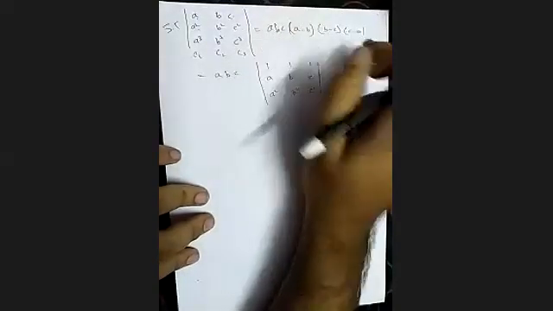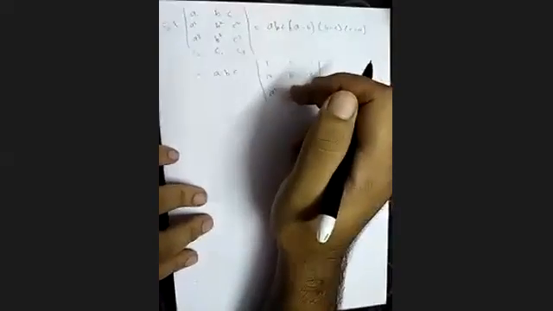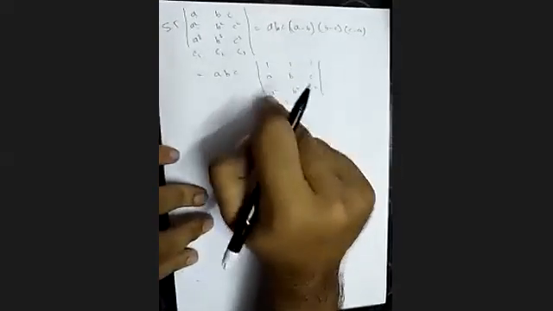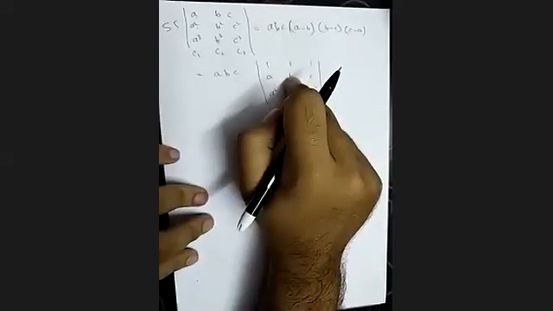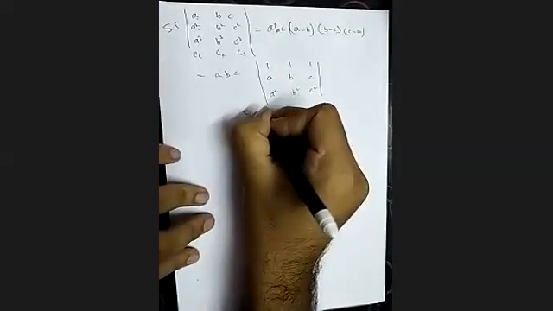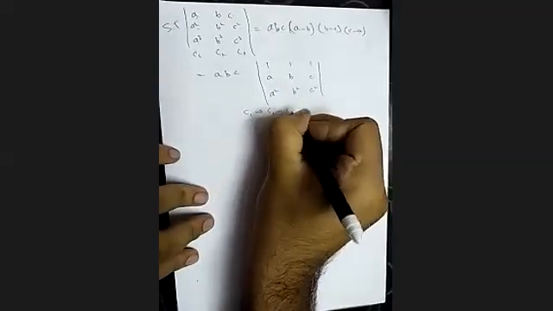Now we need to find a minus b, b minus c, and c minus a. So to find a minus b, we can subtract: C1 becomes C1 minus C2.